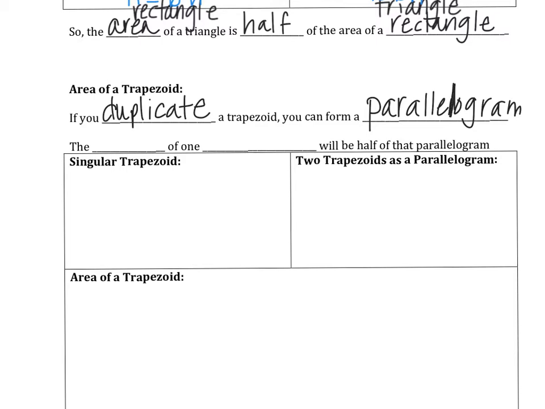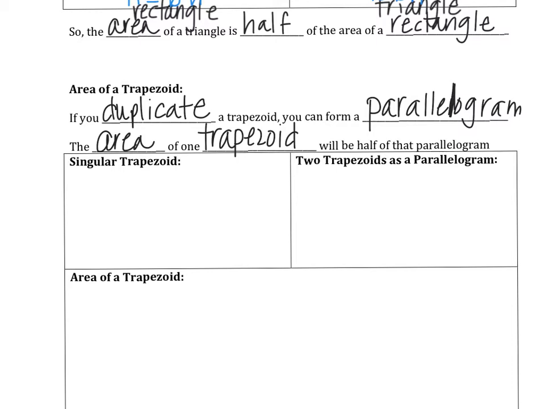The area of one trapezoid will be half of that parallelogram. So let's take a look at what that would look like.